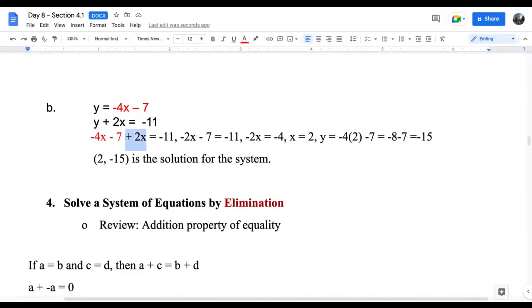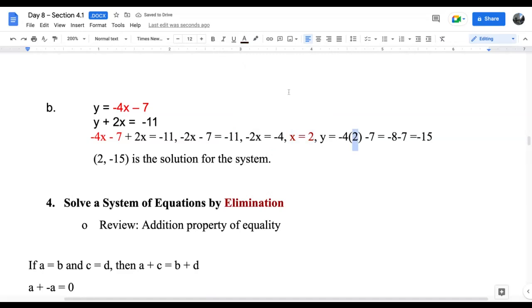Negative 4x plus 2x, that's negative 2x, minus 7 equals negative 11. We add 7 on both sides: negative 11 plus 7 is negative 4. We divide by negative 2 on both sides, so x equals 2. Then we substitute 2 into the first equation, or we could use the second equation.